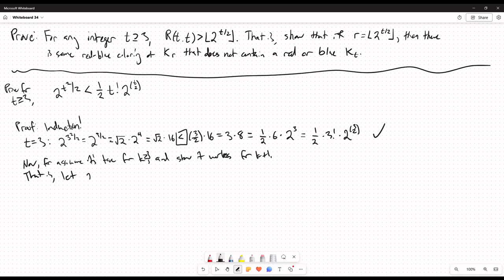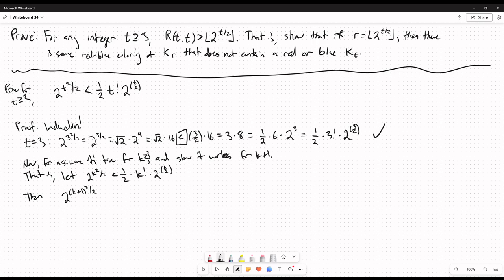Let 2 to the power of k squared over 2 be less than 1/2 times k factorial times 2 to the power of k choose 2. Then, let's start on the left side and see what we can get. Then 2 to the power of k plus 1 squared over 2.